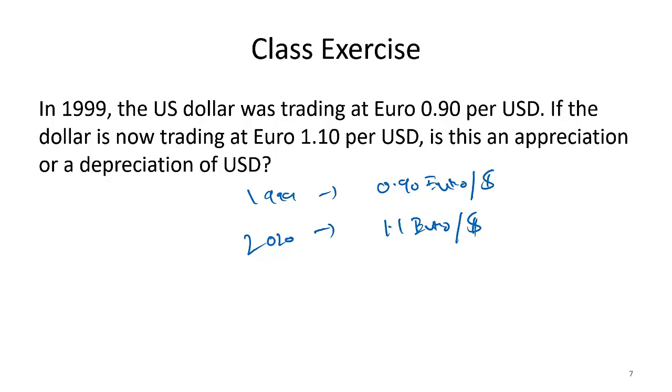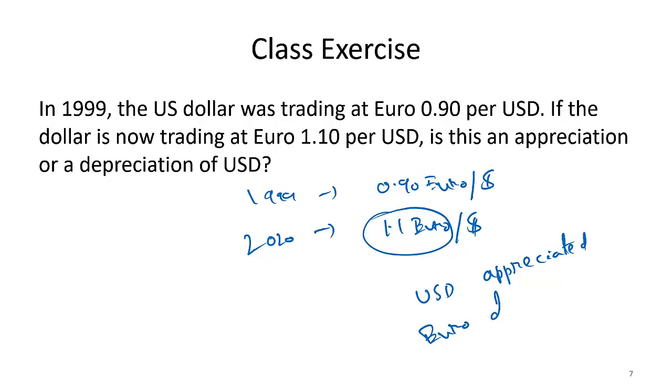So in this case, our US dollar can buy more euro. If our dollar can buy more euro, which means US dollar appreciated. So there is an appreciation of dollar. At the same time, euro depreciated, because from European perspective, now they can't buy so much of US dollar because their currency lost value.